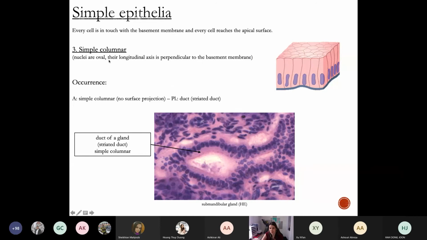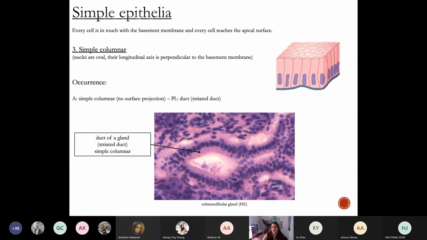In case of simple columnar epithelium, again, we can differentiate between different types: having no surface projections, having kinocilia on the surface, or having microvilli on their apical surface. In the simple columnar epithelial cells, as we already discussed, the cells are much taller than their width.